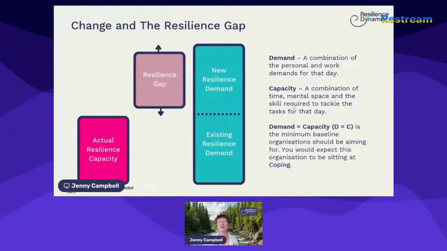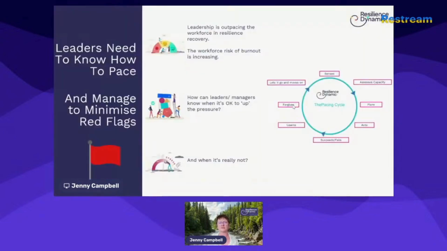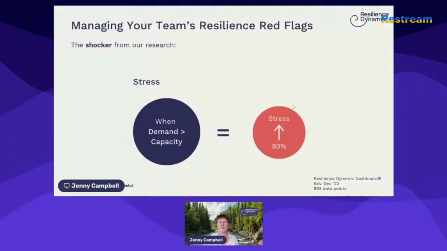And we are really looking at the finessing of how you balance those two things up, demand versus capacity. We have discovered in our data analysis the following. When demand is over capacity, when there is a resilience gap, stress is way up. 80% rise in stress.